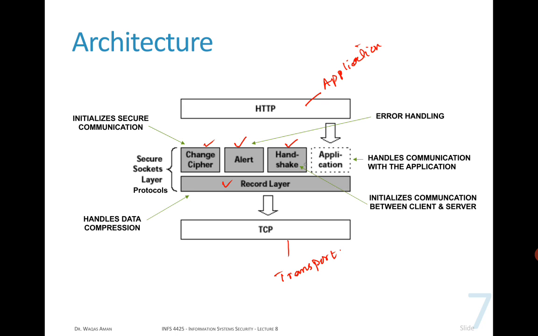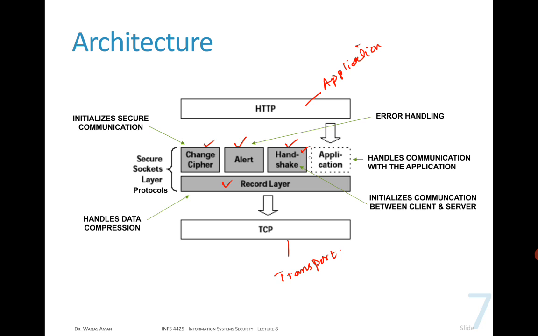Let's just start with the handshake. The handshake is responsible for the session establishment, which means what? The agreement on the algorithms, the creation and sharing of the secret key, and the authentication. This is done in the beginning. This is the first protocol that initiates the SSL communication.